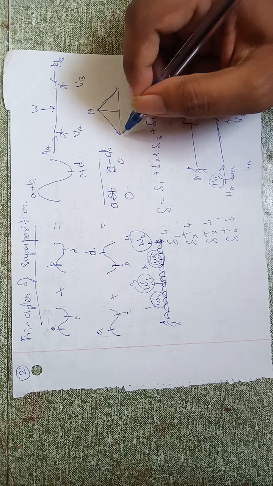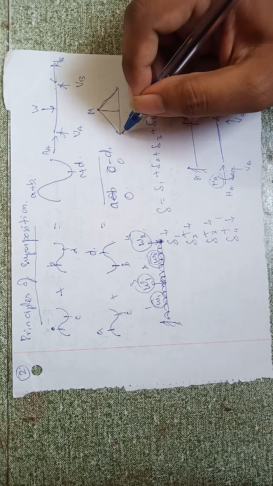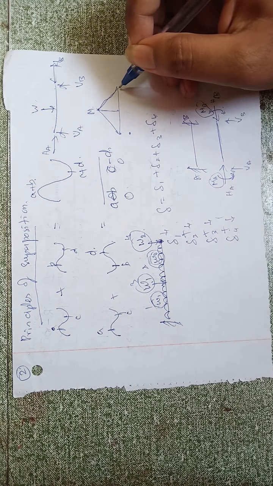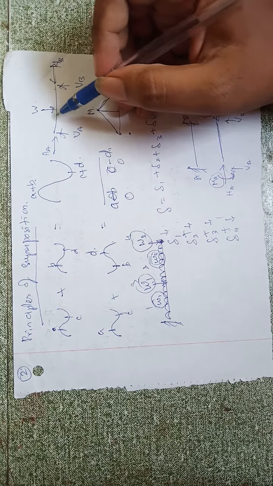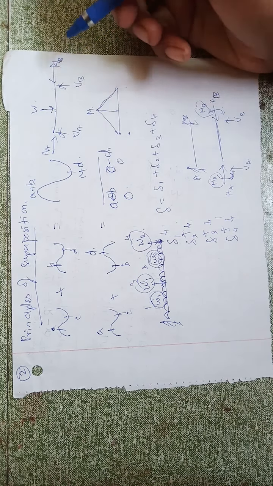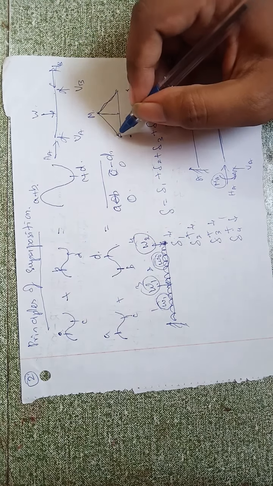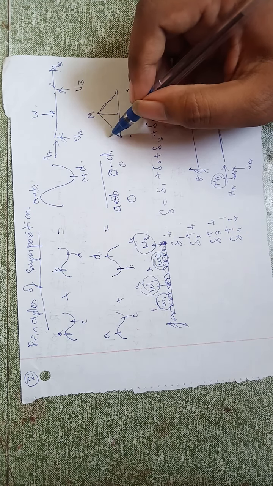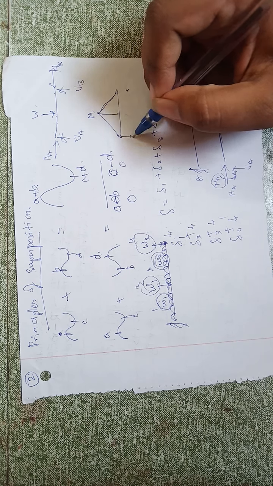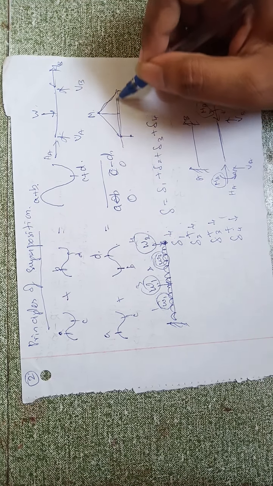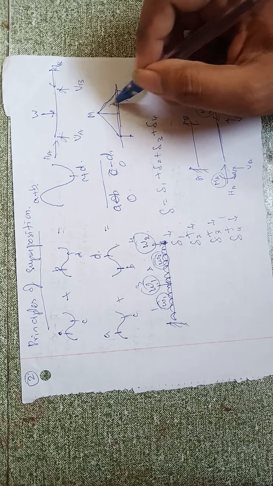So both MA and MB will be in the negative direction. So here it is negative, and here it is negative. In this case it is symmetric, so MA and MB will have the same values. Here we have to set that the negative value will be in the downward direction. With this reference we have to overlap these two things.